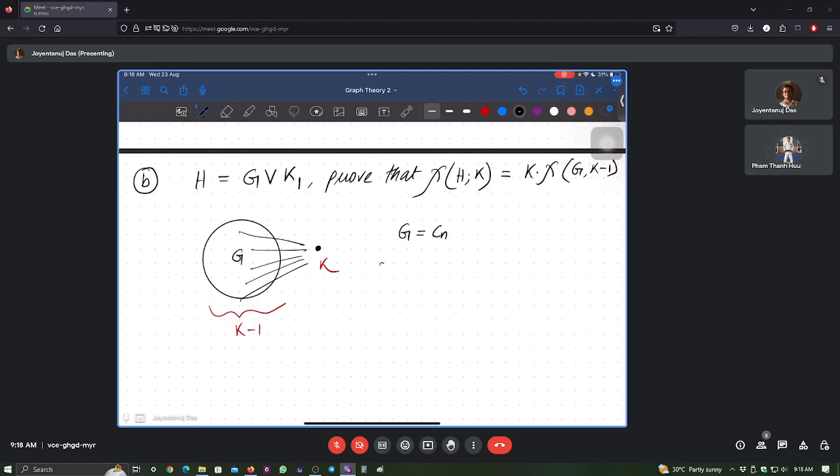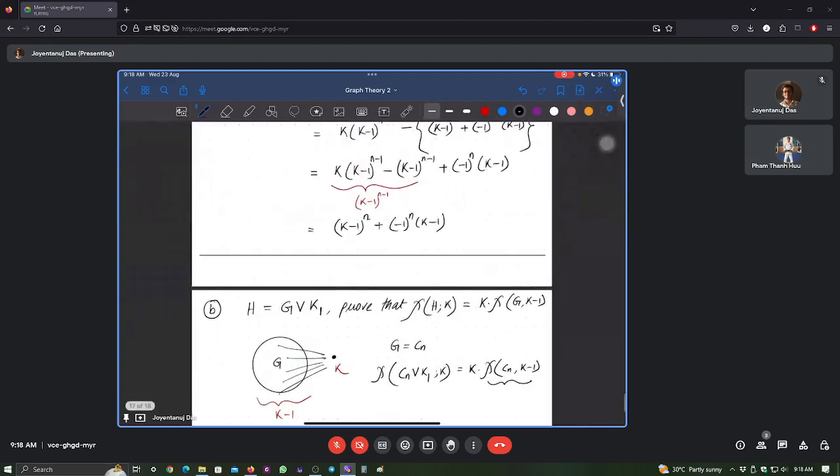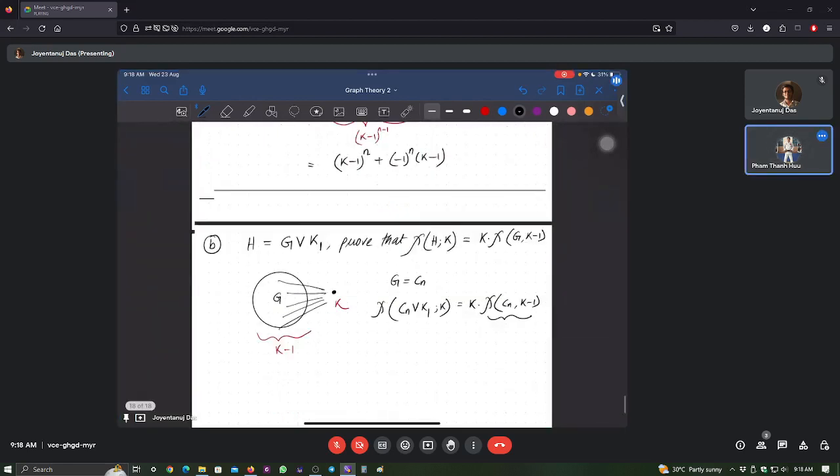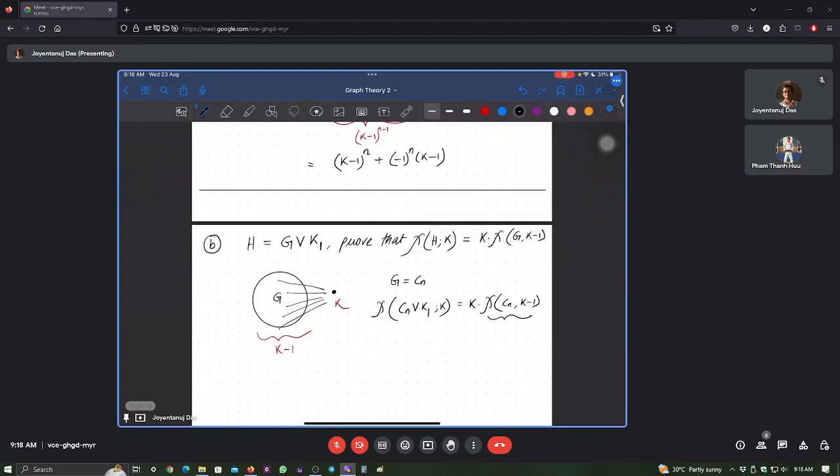The chromatic polynomial of Cn join K1, by definition, is the polynomial of Cn with K minus 1. I know the chromatic polynomial of Cn by this formula, so this will help us find the chromatic polynomial of the join. That's why this formula is helpful.